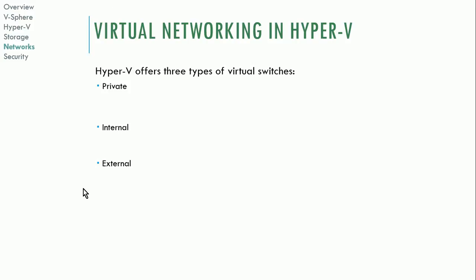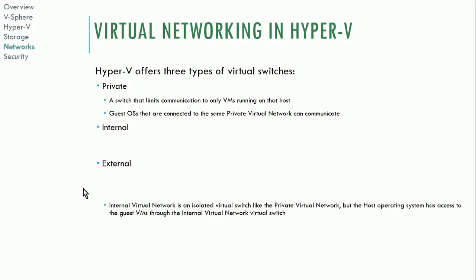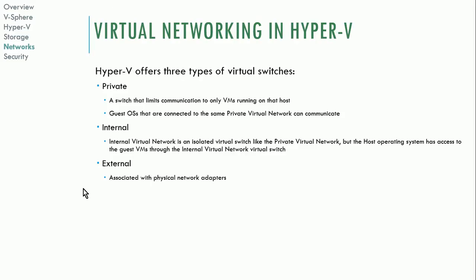All right, with Hyper-V, Hyper-V offers three types of virtual switches: private, internal, and external. Private is basically a switch that limits communication to only VMs within the host. So all the VMs that are running within a Hyper-V host can talk to each other.